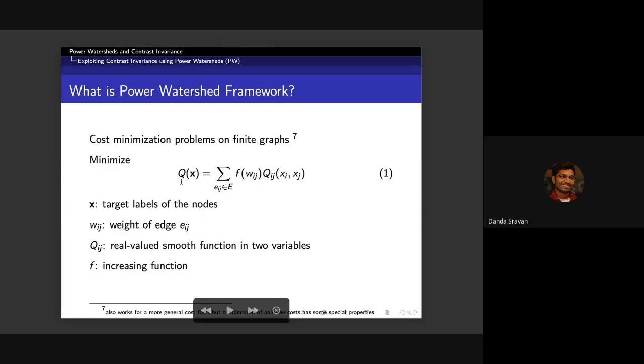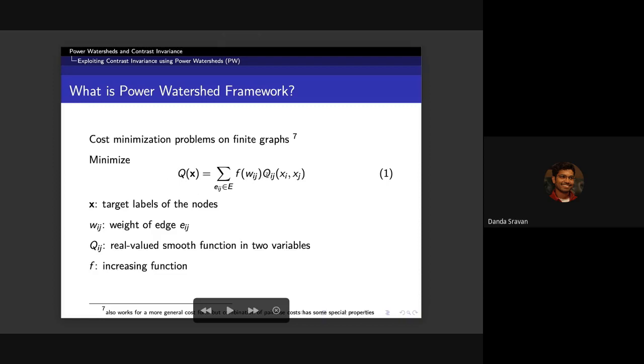In general, most of the cost functions that are used for image segmentation fall into a particular subclass. Here x represents the set of all target labels for all my nodes. Q of x is the cost function that I associate with it, and I want to minimize this cost function.